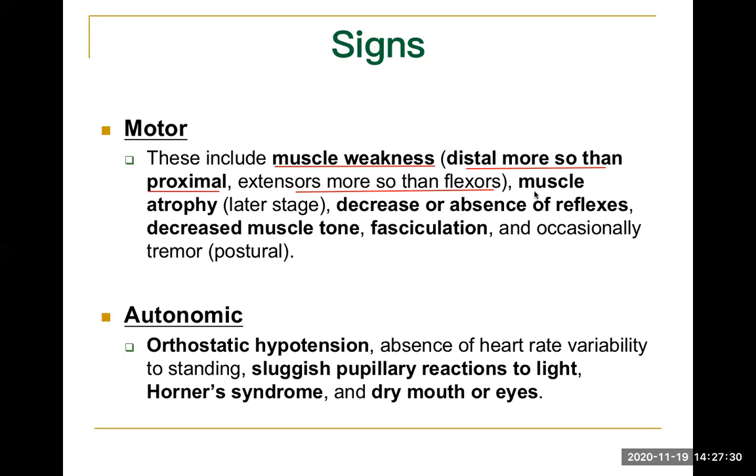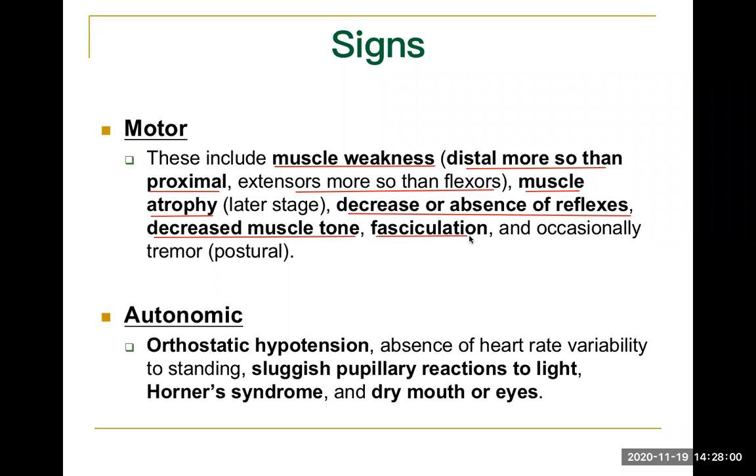In the later stages, there is atrophy of the muscles as well, because this is a type of lower motor neuron lesion. There is decrease or absence of the reflexes, and we use the term hyporeflexia or areflexia for this condition. There is decreased muscle tone, which is hypotonia or atonia or flaccidity.